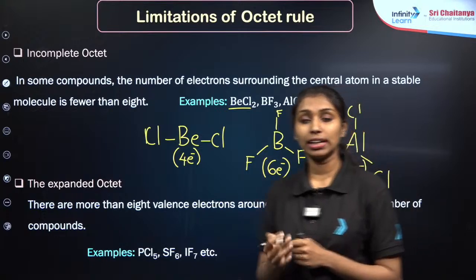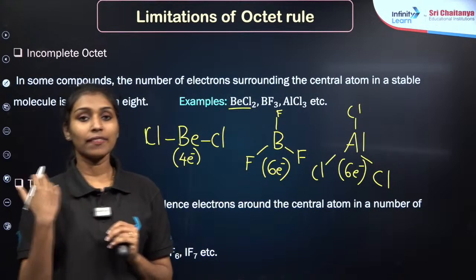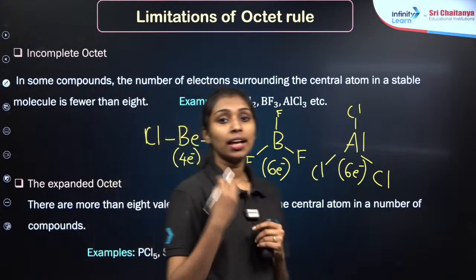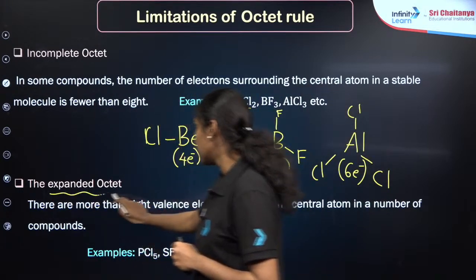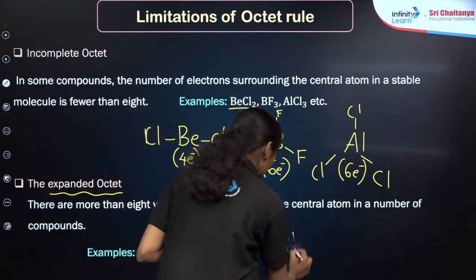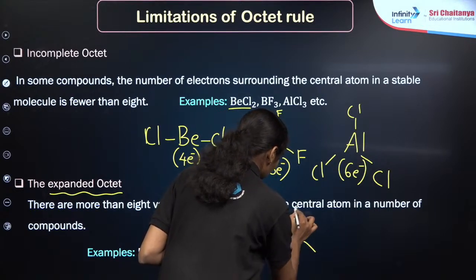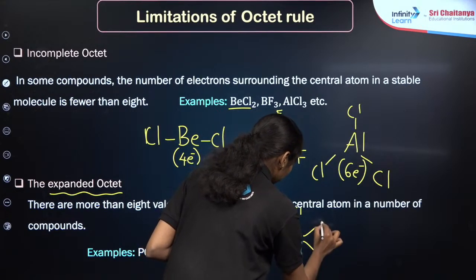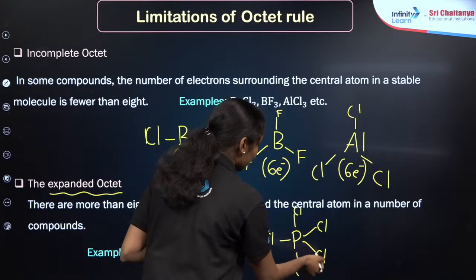Then what about the second one? Just opposite to this, right? It is the expanded octet, which means that some molecules possess more than 8 electrons. The example is PCl5. I am taking the example here. This will be the structure of PCl5. 1, 2, 3, 4, 5, 6, 7, 8, 9, 10.